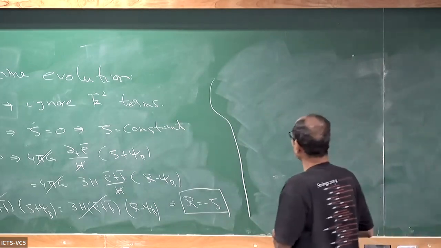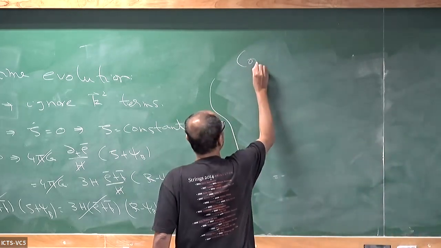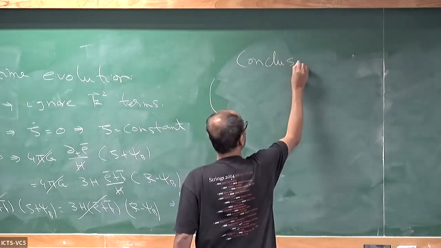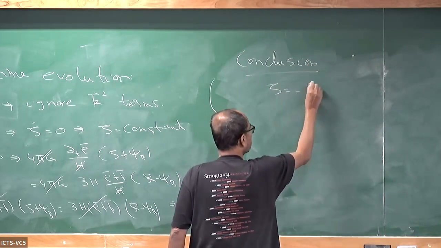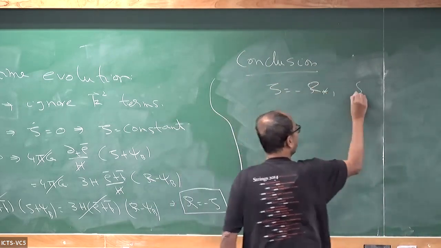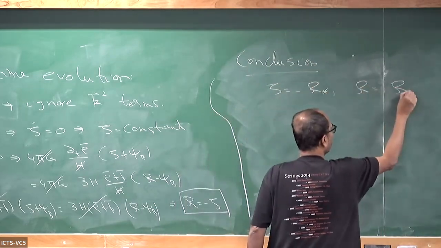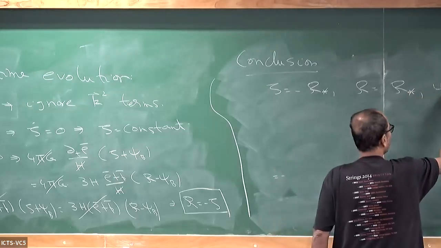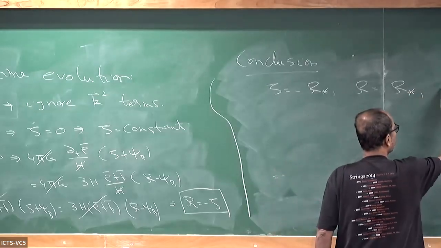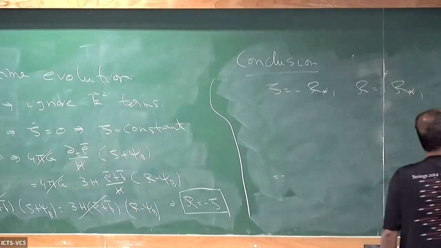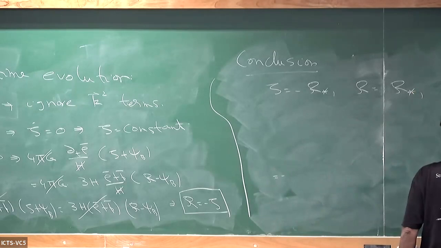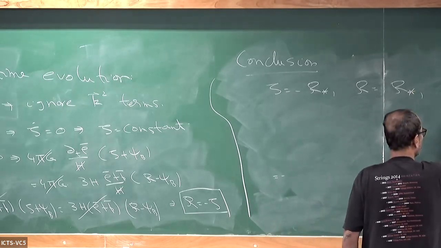So conclusion, zeta equal to minus r star, r equal to r star, and phi b equal to psi b during super horizon evolution.